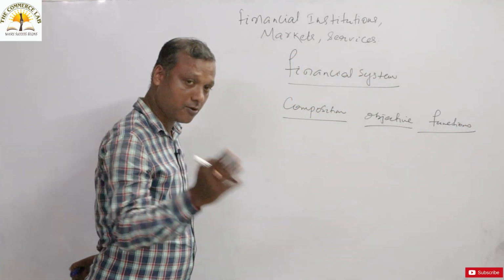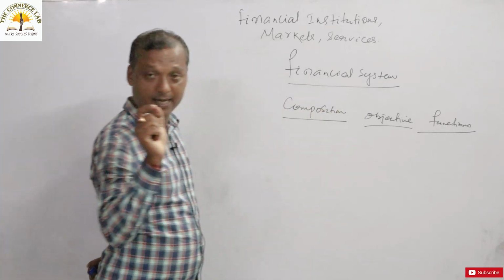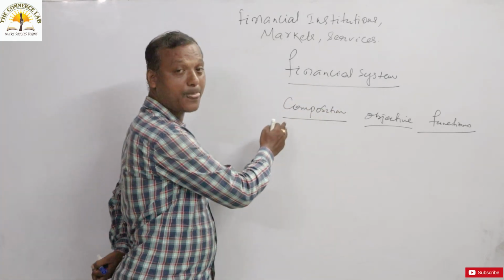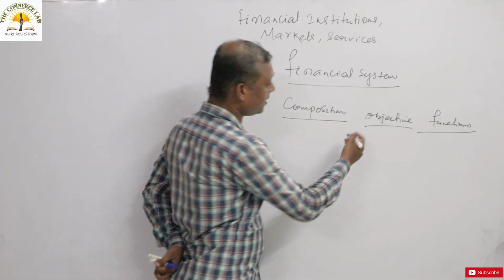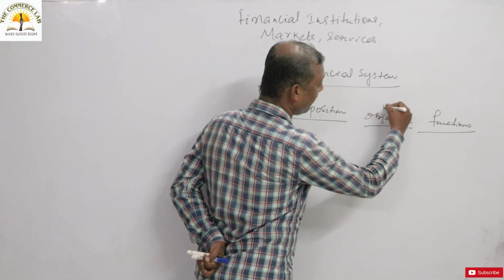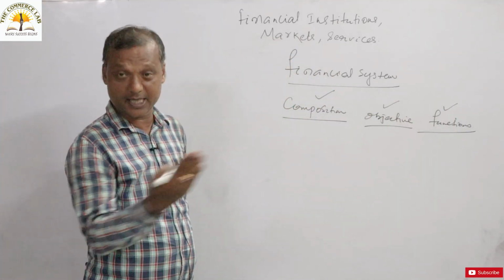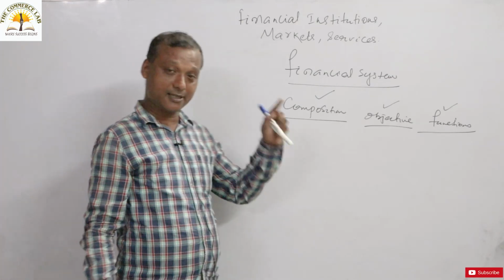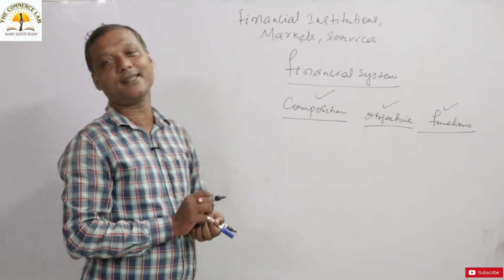Understood? We have discussed what the financial system is. Now we will discuss the composition, then the objective, and later the functions. This is our today's discussion.